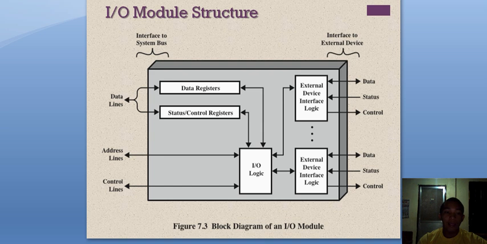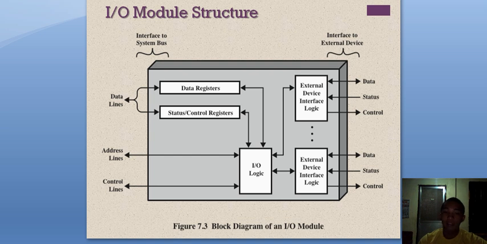The logic within the module interacts with the processor by a set of control lines. The processor uses the control lines to issue its commands to the input-output module. Some of the control lines may be used by the input-output module for arbitration and status signals.